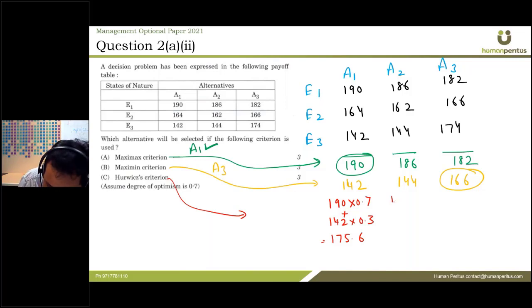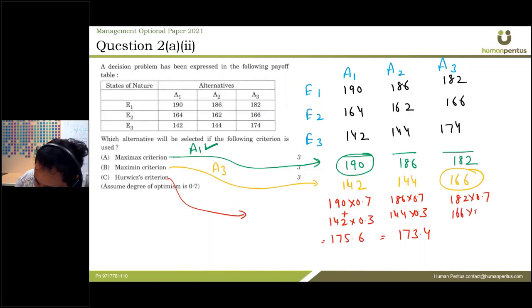Similarly, in the second one, 186 into 0.7 plus 144 into 0.3, and this value comes out to be 173.4. Third one, 182 into 0.7 plus 166 into 0.3, and this comes out to be 177.2.